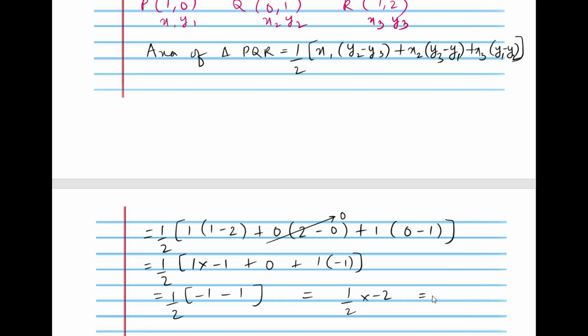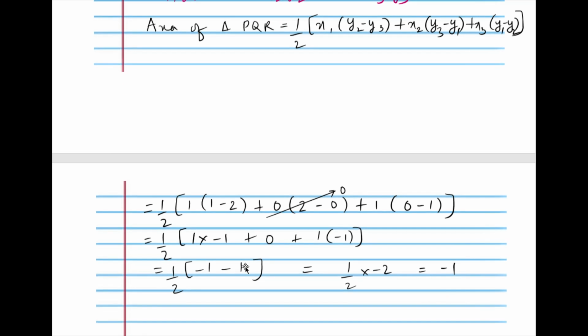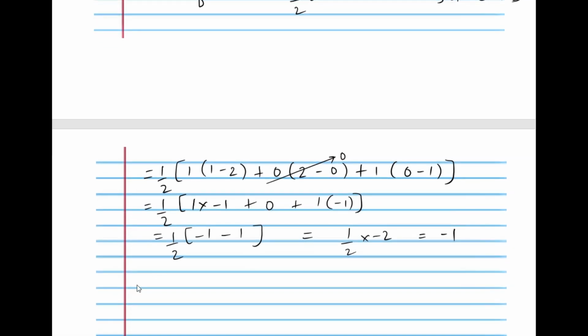Minus 2 divided by 2 is minus 1. Since area cannot be negative, the area of triangle PQR is 1 square unit.